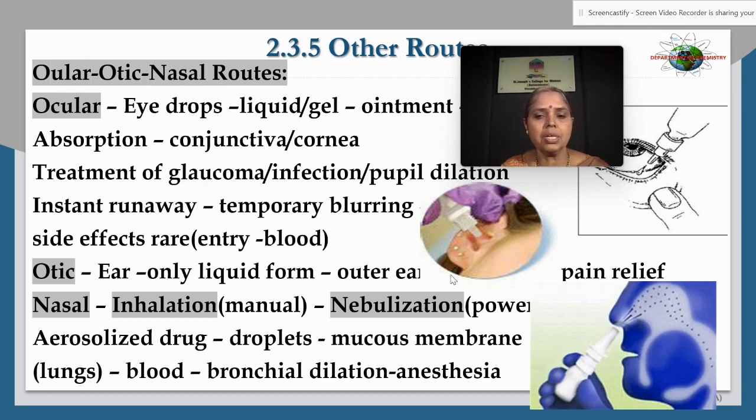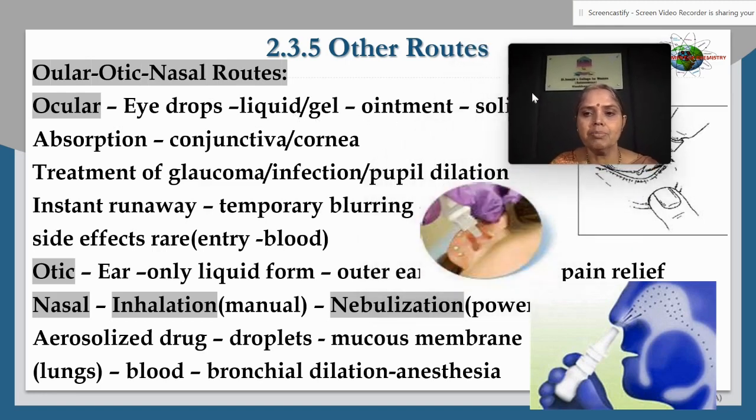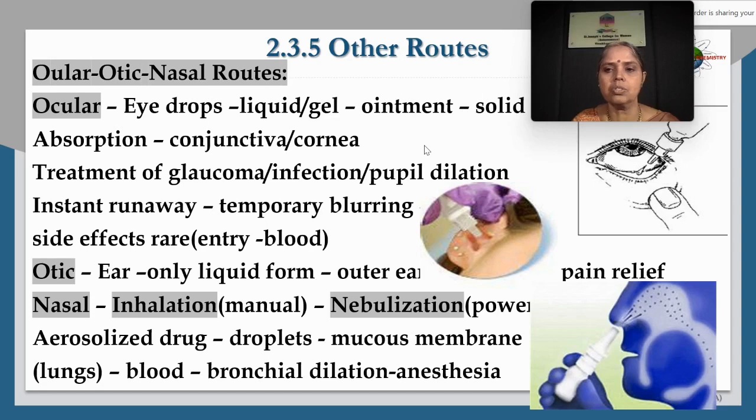The drops are given directly into the eye by pulling the lower lid down. You can see here how the lower lid is pulled down and the drops are placed in the pouch. The drugs are introduced either in the form of a liquid or a gel or an ointment, or sometimes solid inserts are also placed in the correct location.